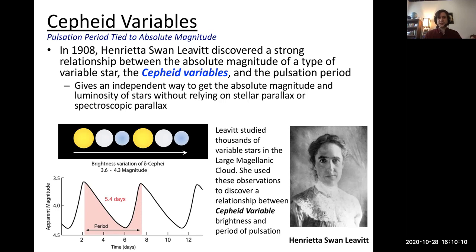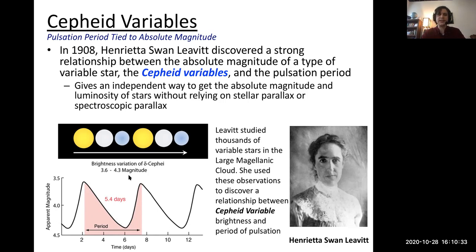So this is just going to give us a way of observing one of these Cepheid variables. We'll observe how bright it is as a function of time, what's called a light curve. And we'll notice that it goes from faint to bright, back to faint, back to bright. So from its brightest point to its next brightest point, and notice that it's the same pattern over and over and over again.